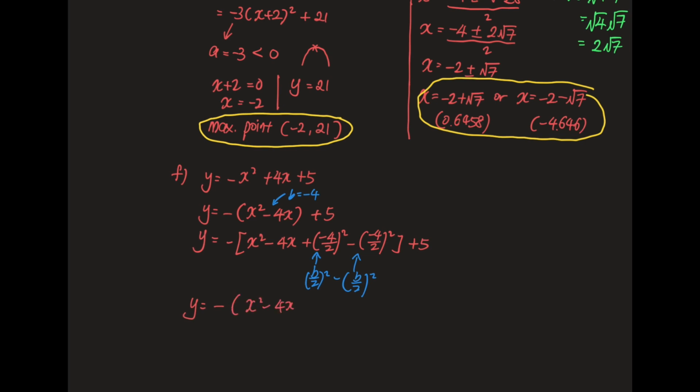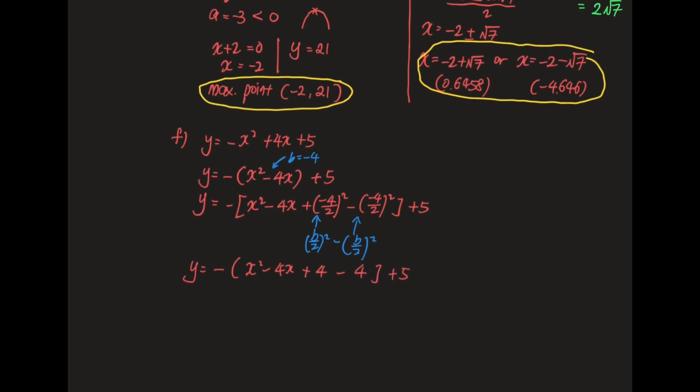We simplify it: minus 4 over 2 is minus 2, and minus 2 squared is positive 4. So we get positive 4 here, then 5.